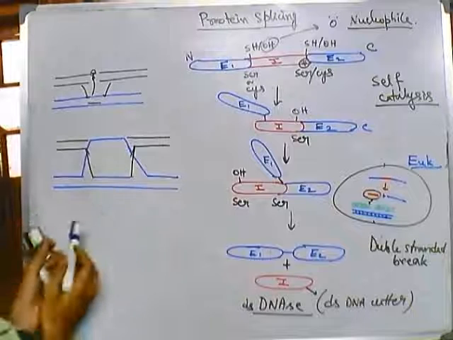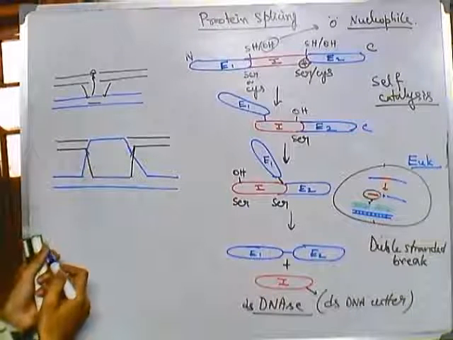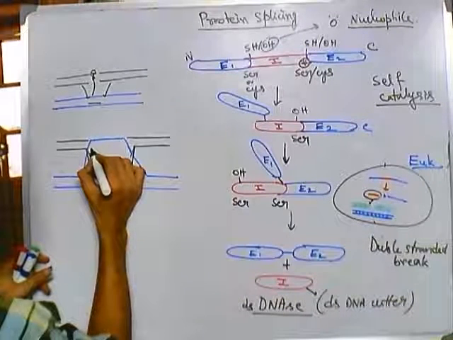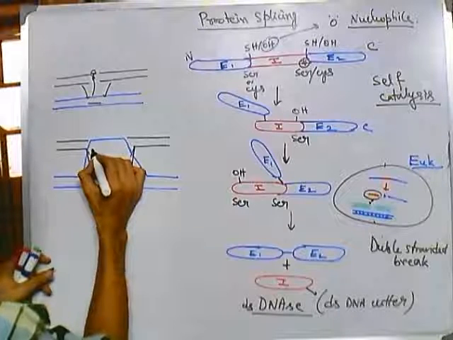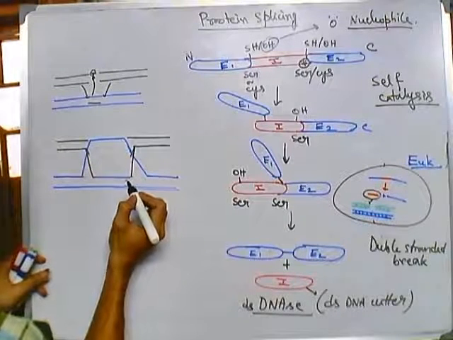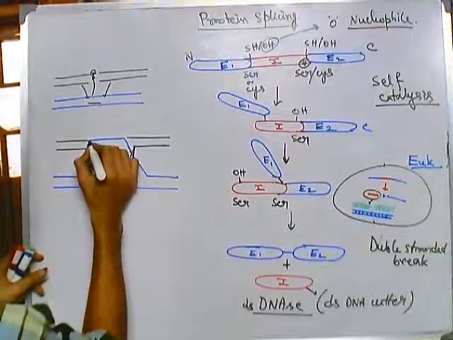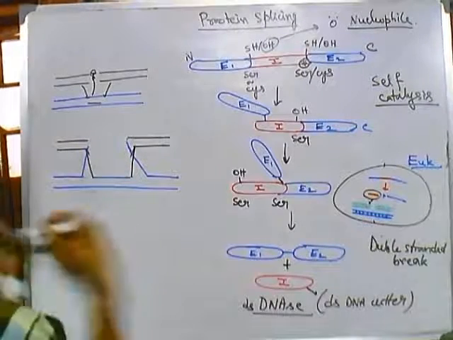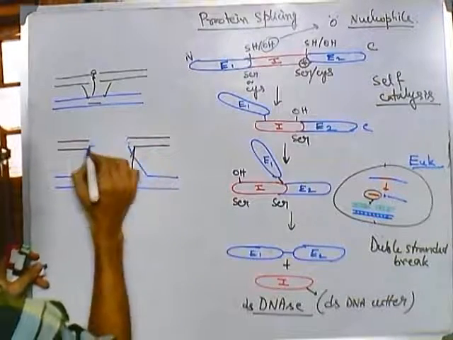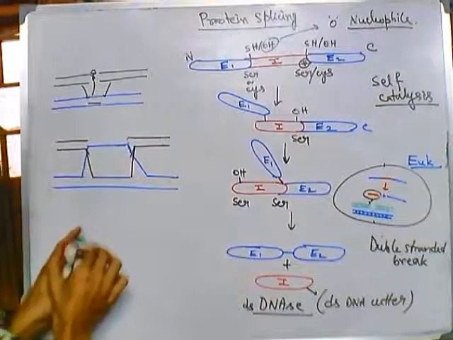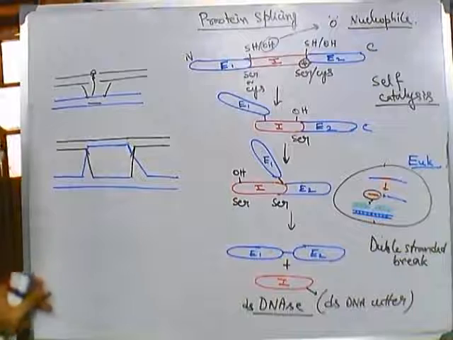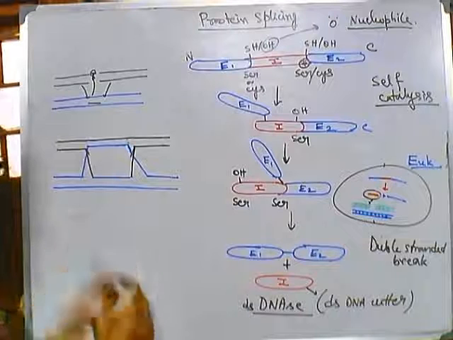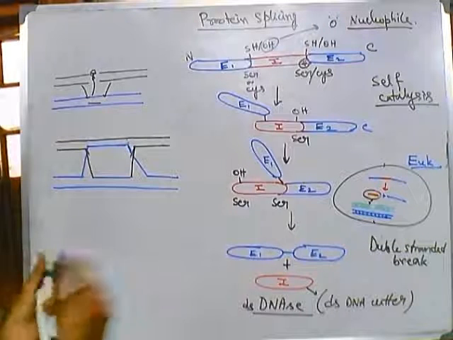Okay, and obviously, so what it will get is simply this. Sorry, it will be slightly here. Okay, now what we get here is the desired gene.